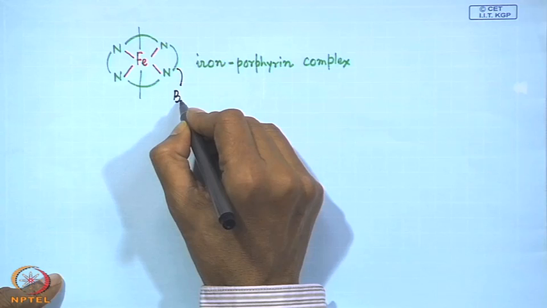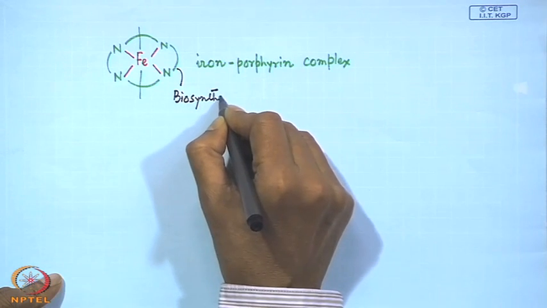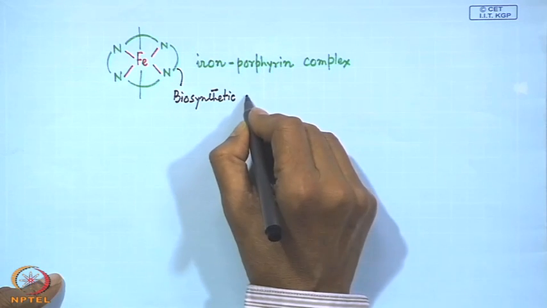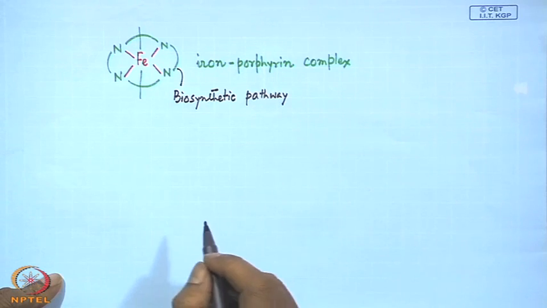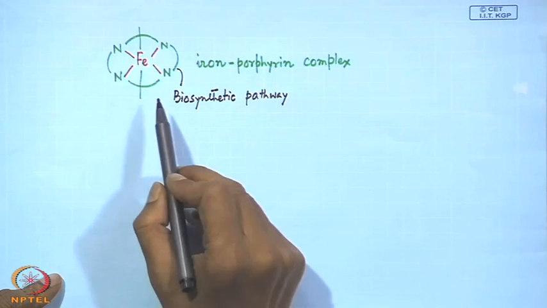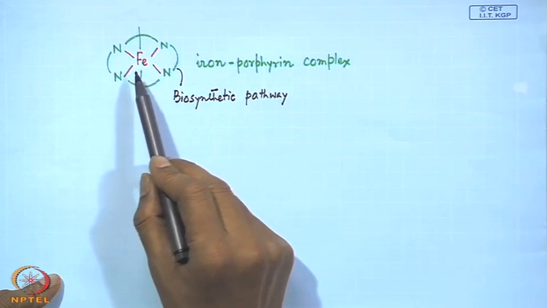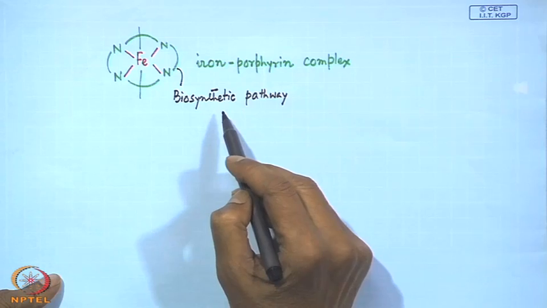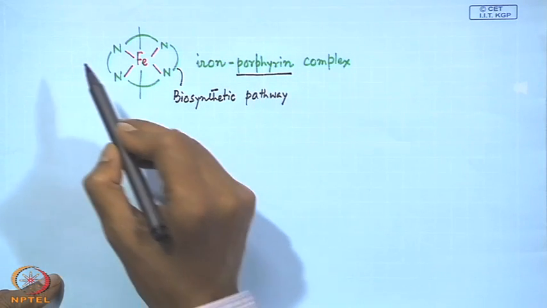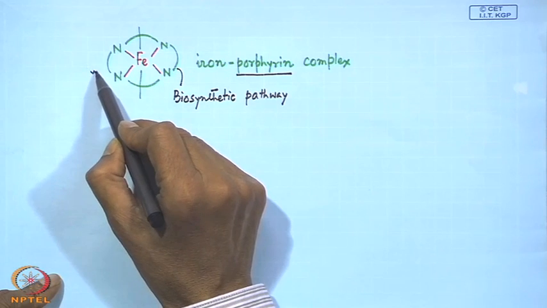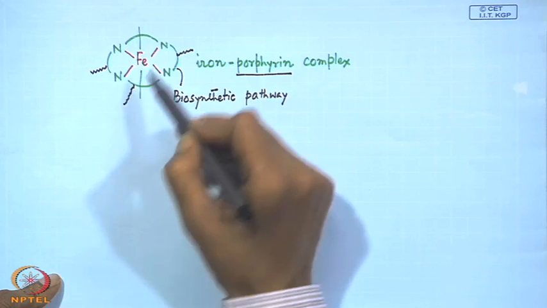It has a biosynthetic pathway of synthesis. So, we get this porphyrin molecule which attaches to the iron center. The role of this porphyrin ligand is important and also very specific, because there are different types of porphyrin molecules having different peripheral substitutions from here and from here.